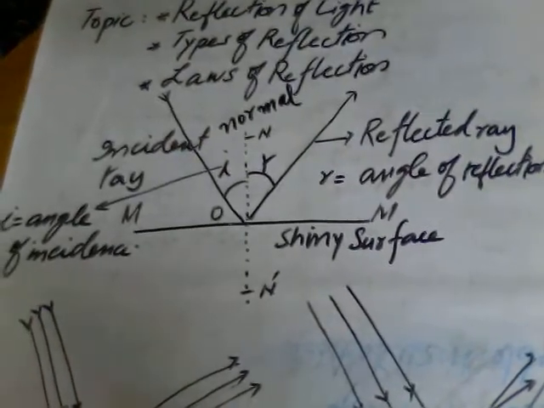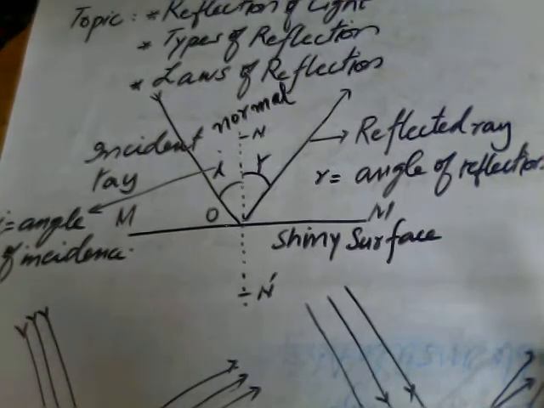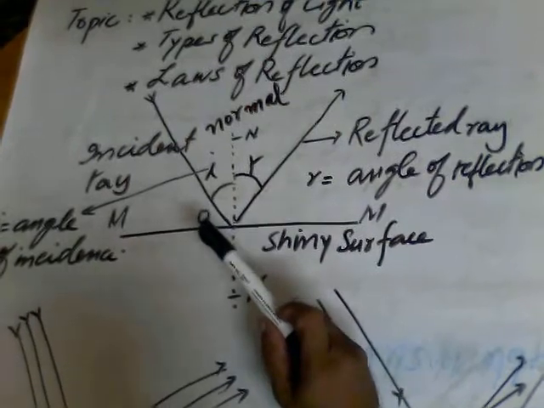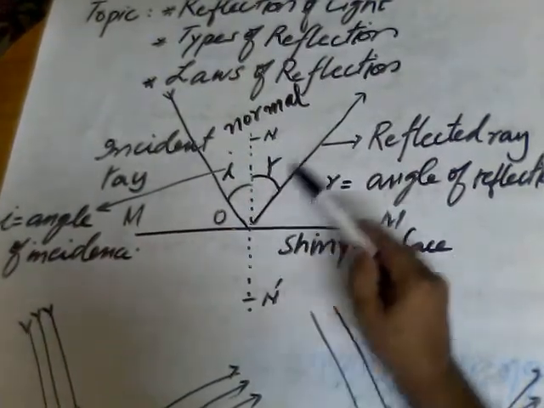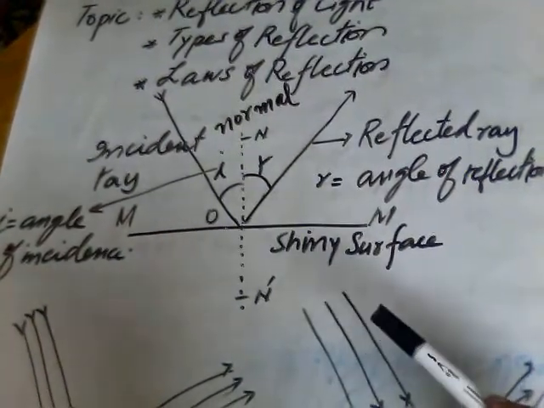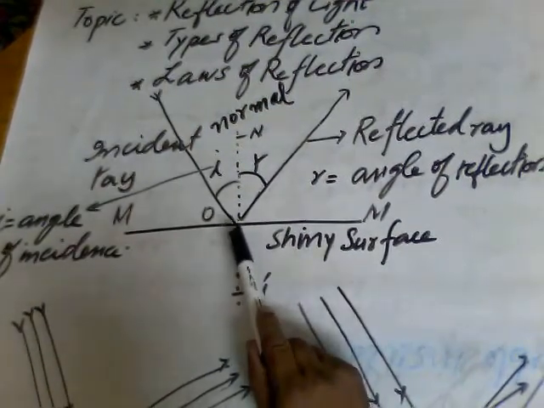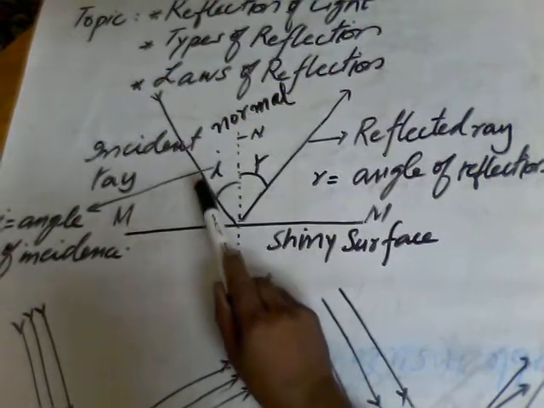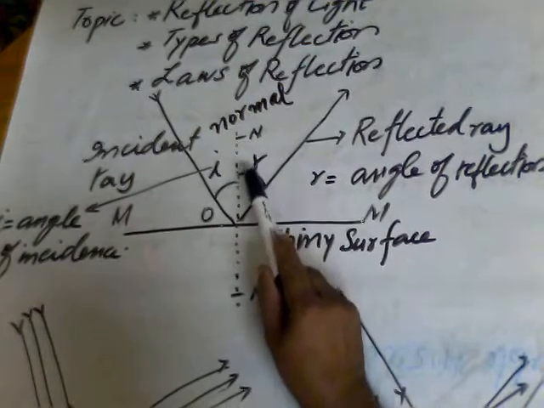Here again I'm going to talk about the incident ray, reflected ray, and the normal. All these three at the point of incidence. O is the point of incidence.